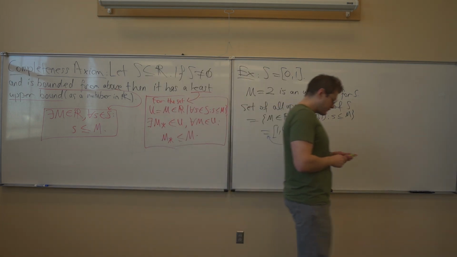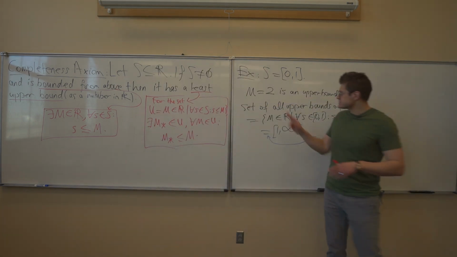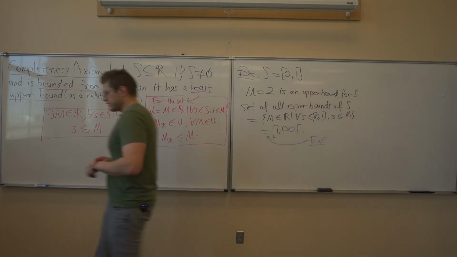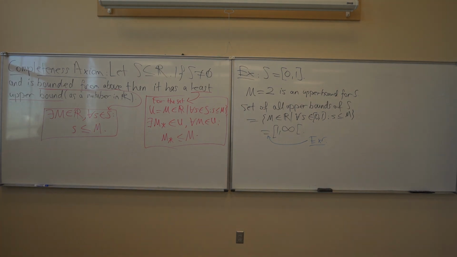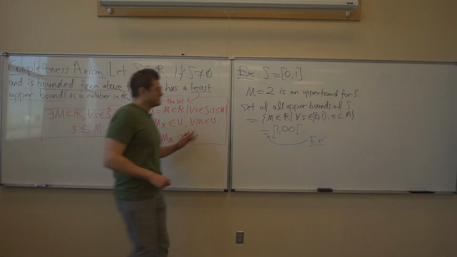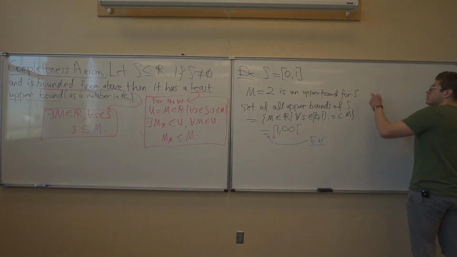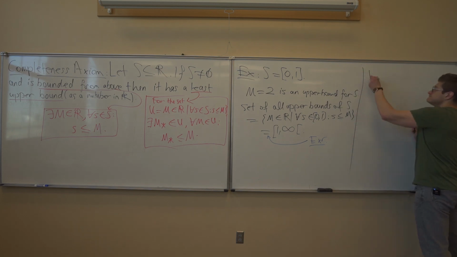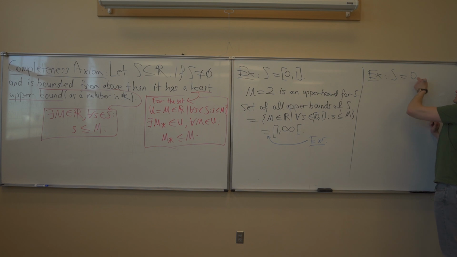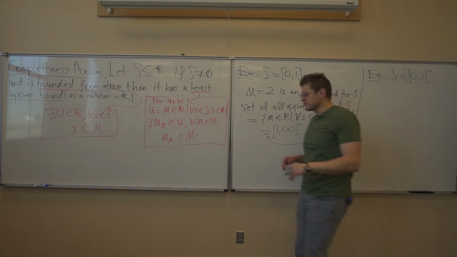Now let's look at this example just to compare it to this. What I said a couple minutes ago is that the same idea should hold even if I were to use an open interval. Now I'm looking at S, the open interval from 0 to 1, so endpoints not included.